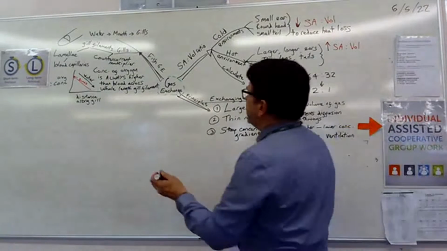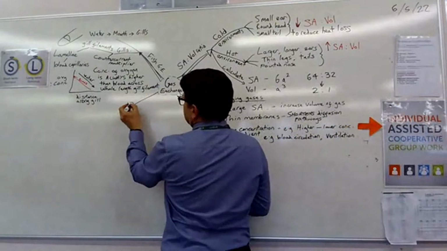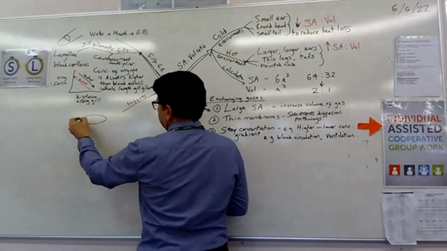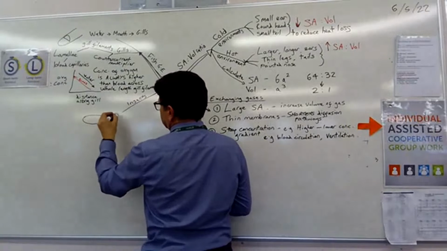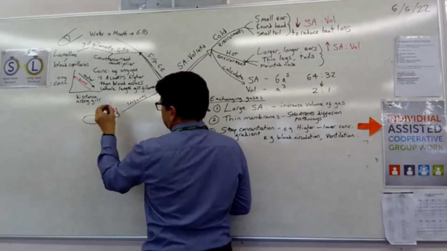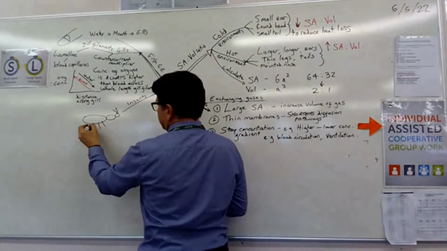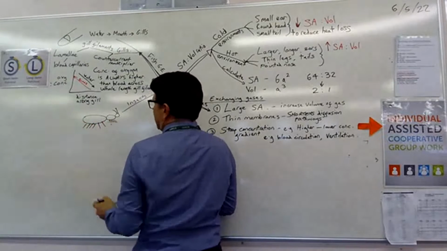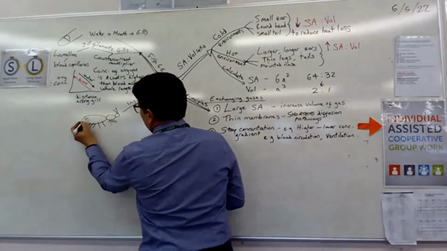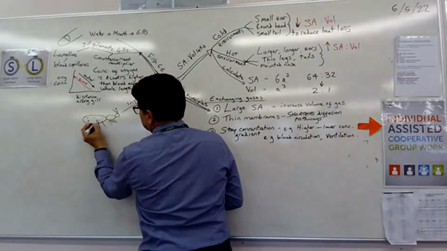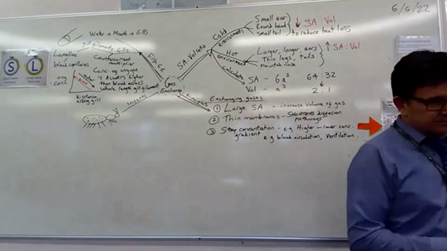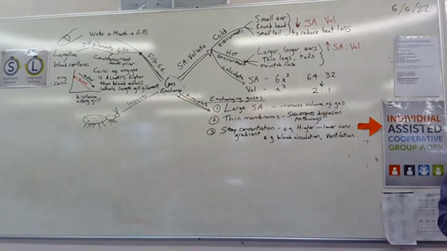Right, let's talk about insects. So here's an insect. What do insects have? They've got little holes, called spiracles.